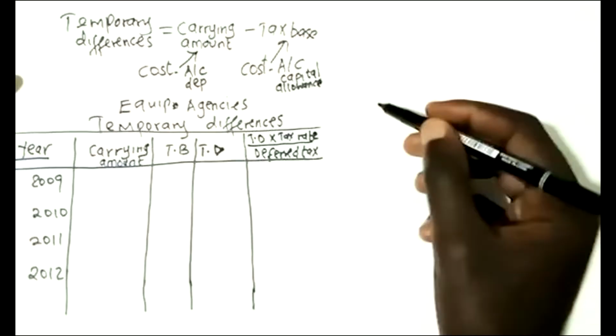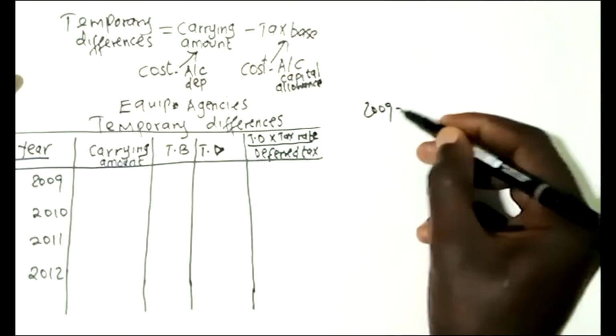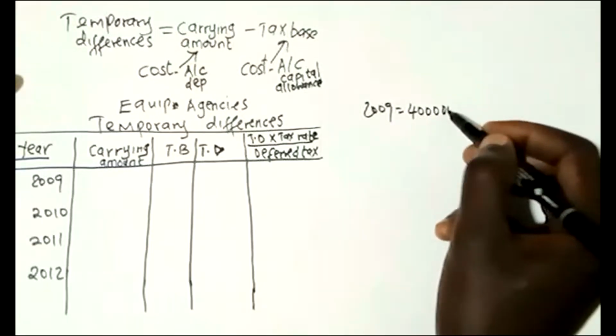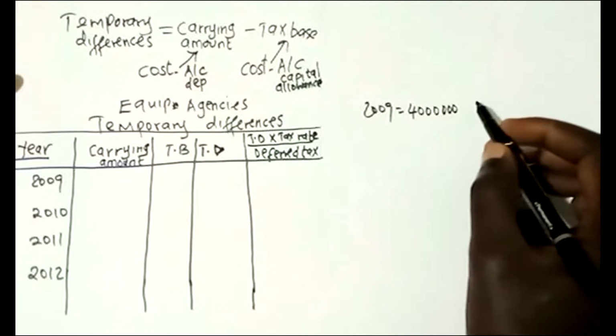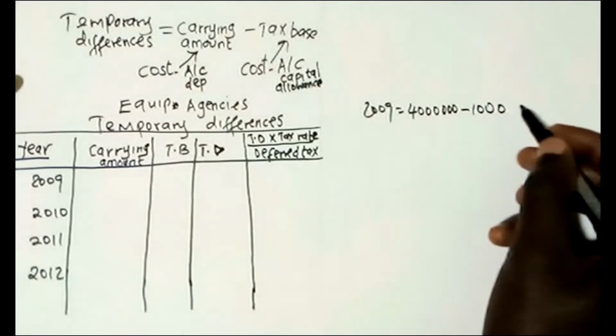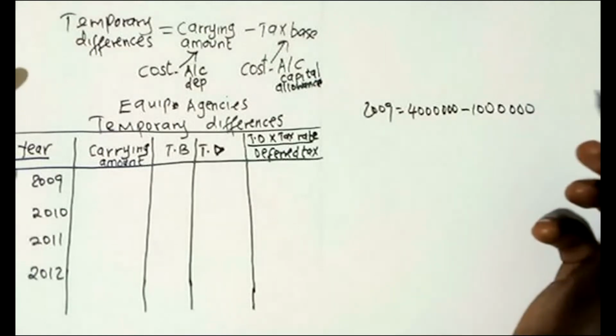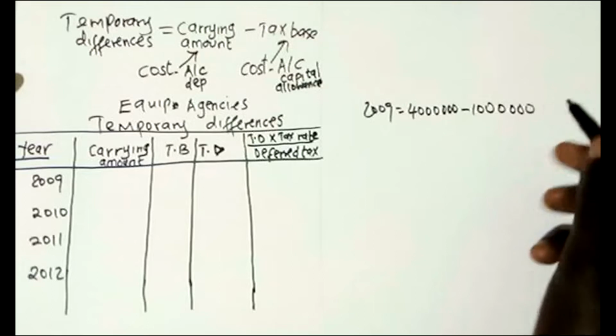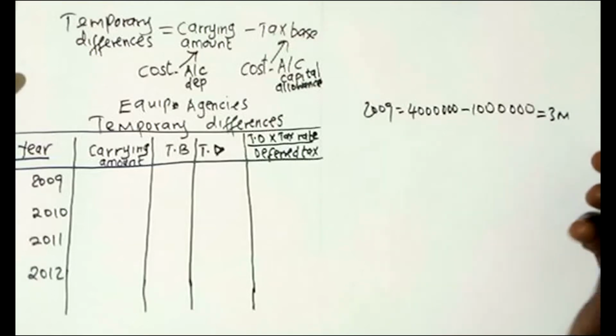So the first year, 2009, the cost of the asset was 4 million. Depreciation is a million. You remember how we got a million? 25%. So this one would be 3 million.